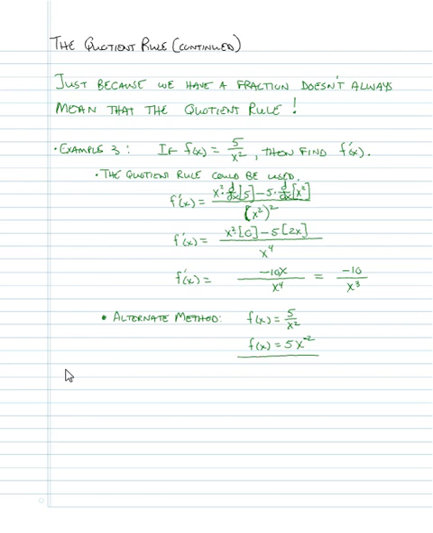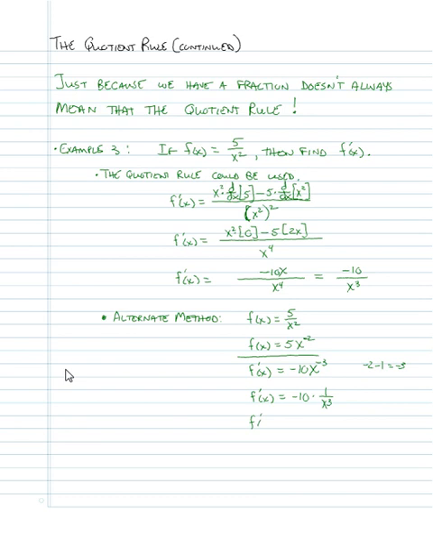And that basic rule would be, okay, finding the derivative of 5 times x to the negative second would multiply the negative 2 with the 5 and get negative 10. And then the new exponent we would put on x would be the old exponent subtract 1. Well, that's negative 3. And then you can see, oh, well, now if we rewrite that without any negative exponents, we'll have the negative 10 times 1 over x to the positive 3 power.